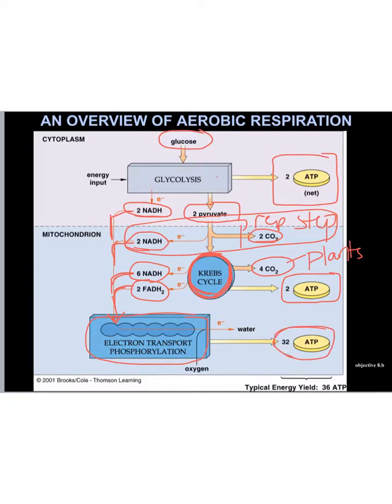We get 32 ATP from that process, which is most of our energy source here. And this process utilizes oxygen as what we call the final electron acceptor. So you can see we yield about 36 ATPs per 1 molecule of glucose that we started with up here. So that's a quick overview of aerobic respiration. We're going to take a closer look at these steps as we go through the chapter.